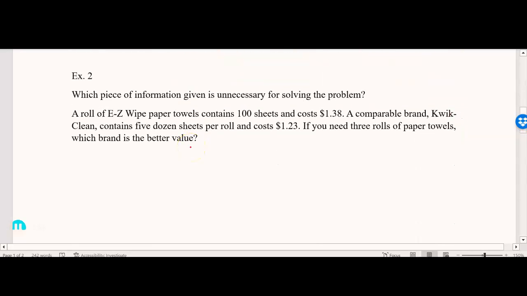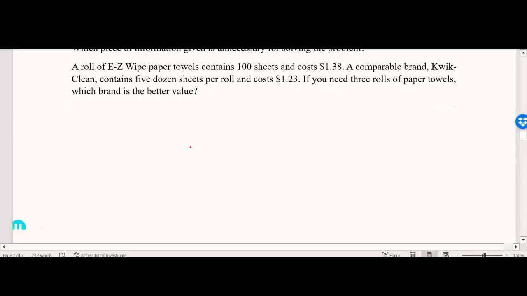Now let's go to this one. Number 2. First, it's saying which piece of information given is unnecessary to solve the problem. And that's life. Sometimes you're given a problem that, well, you don't really need some of the information to solve it. But let's look at this problem here. It says a roll of Easy white paper towels contains 100 sheets and costs $1.38.